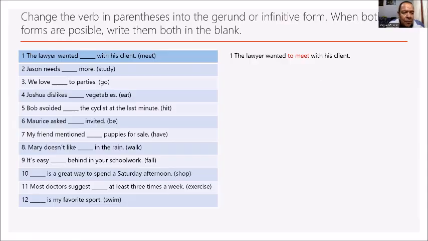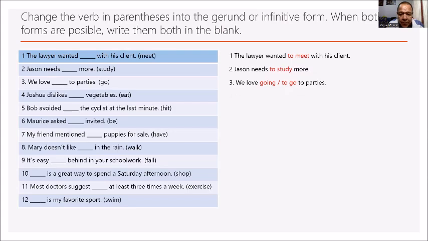Number 2. Jason needs to study more. Number 3. We love going to Paris, or we love to go to Paris.